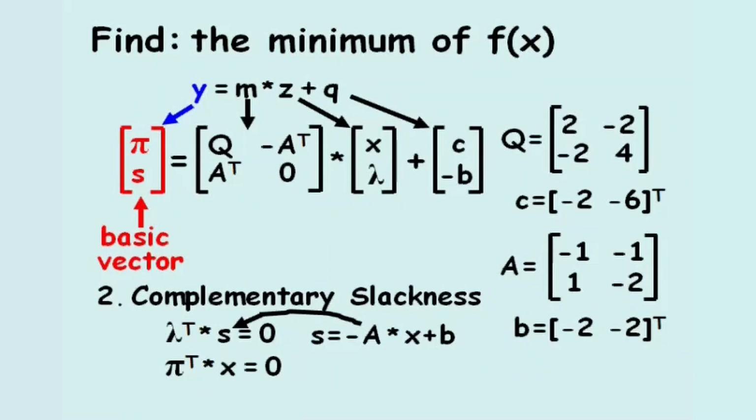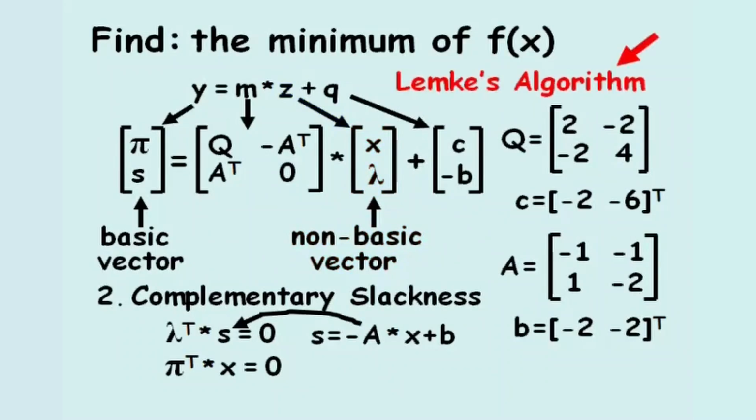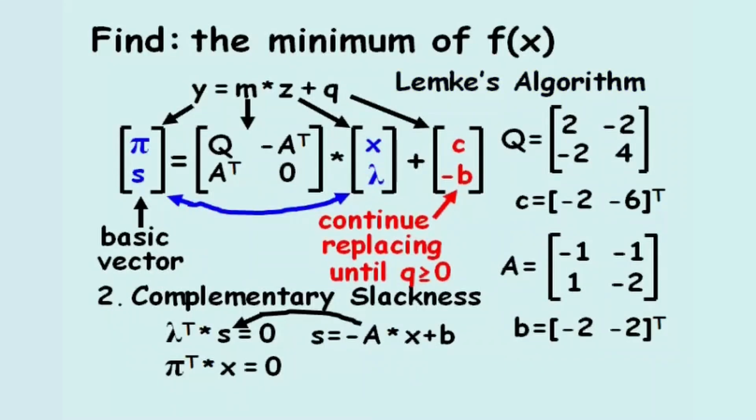The values in vector z are non-basic and must equal 0. To find the solution, we'll use Lemke's algorithm, which replaces the most negative component of vector y with the appropriate component of vector z, until vector q is non-negative, and all variables in the basis are real.